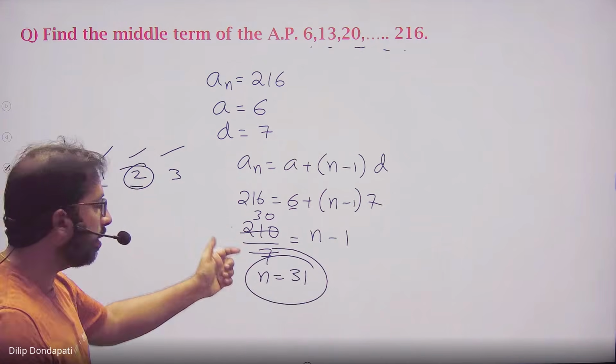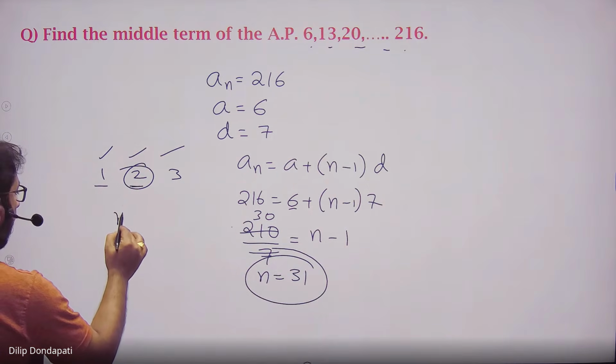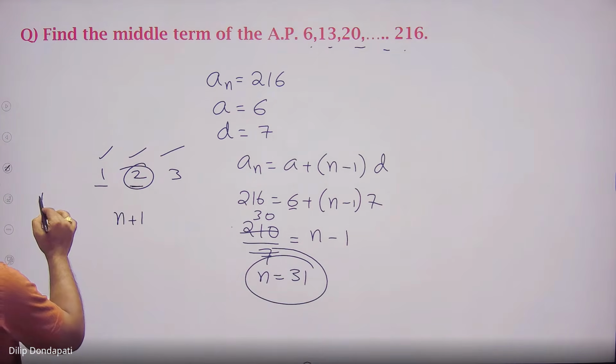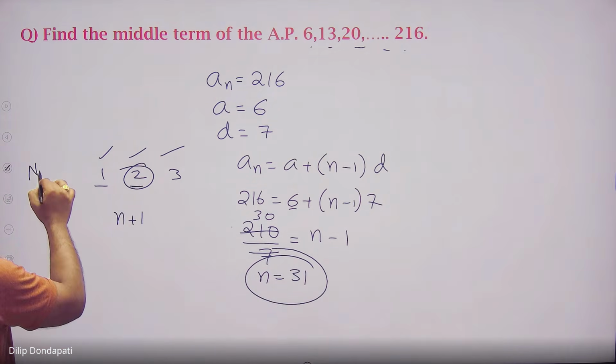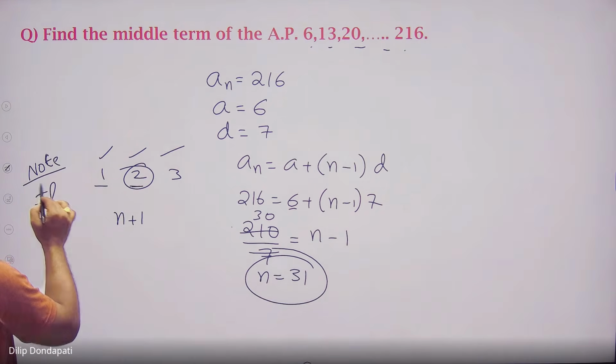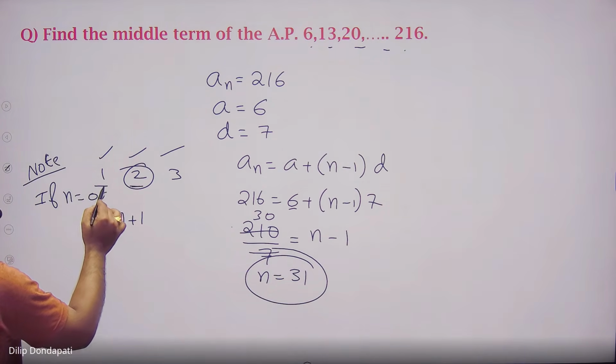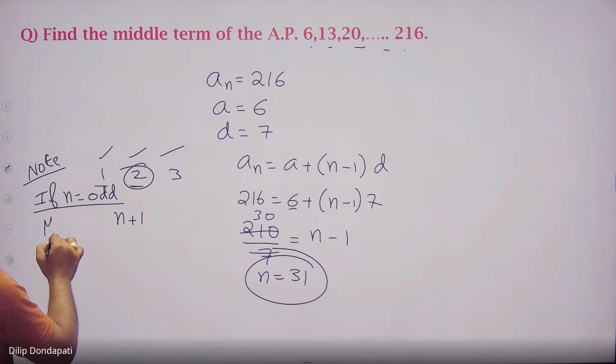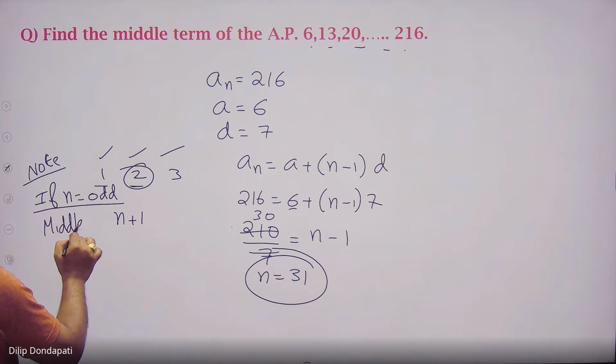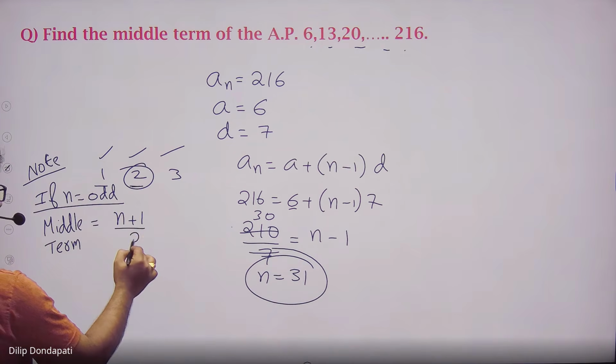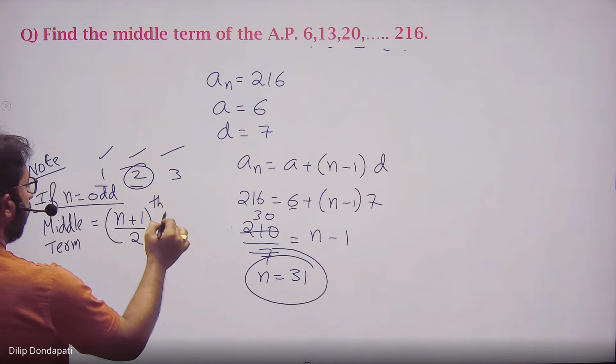Okay, how will that middle term come? Always, if n is odd, you have to find n plus 1. Write this note as I say it. If n is odd, the middle term is the n plus 1 by 2th term we have to find.